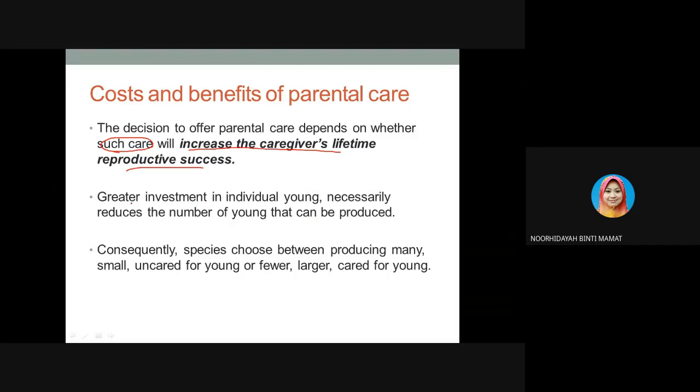Okay, so more investment in the individual young means fewer siblings can be produced by their parents. Consequently, species choose between producing many small or uncared-for young, or fewer, larger young, or they can also choose to care for the young.